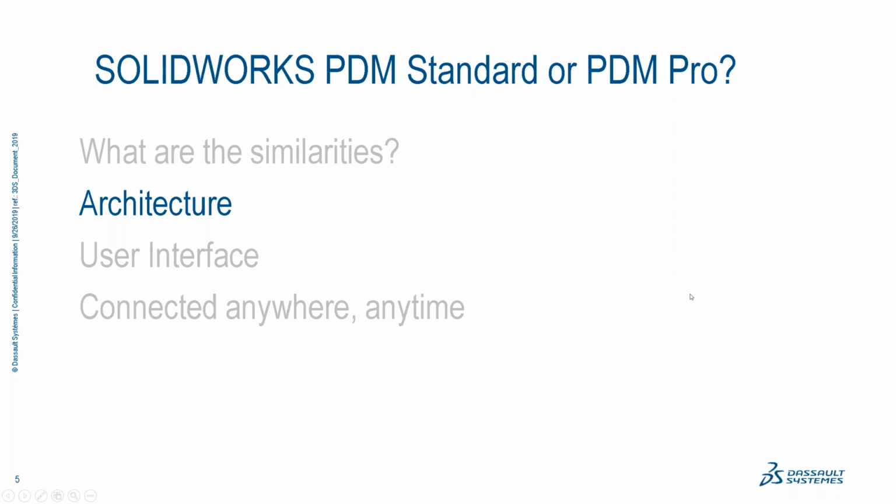When we're looking at the architecture, one of the main differences is that SolidWorks PDM Standard uses SQL Express, and SolidWorks PDM Professional uses SQL Standard. Now, SQL Express comes with some limitations as far as how much memory the software can use from the server, which is 1 gigabyte of memory.